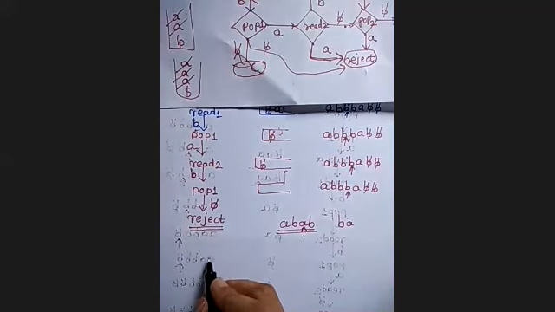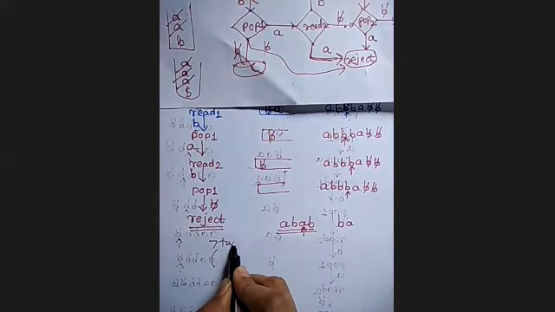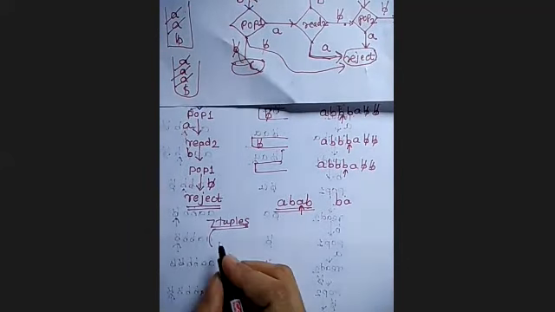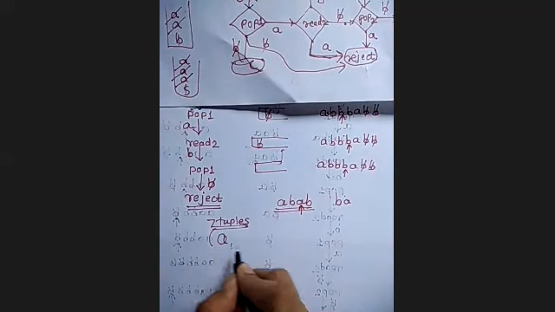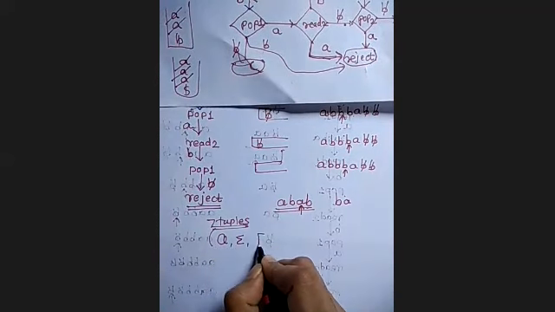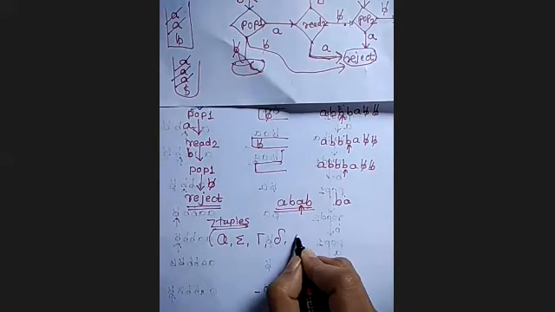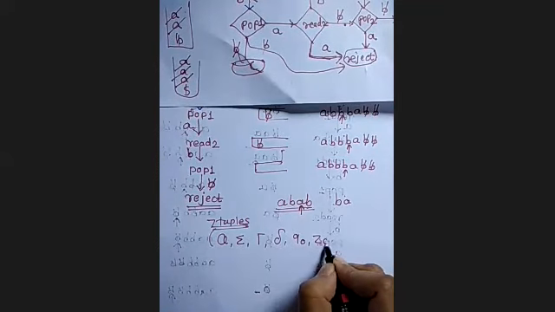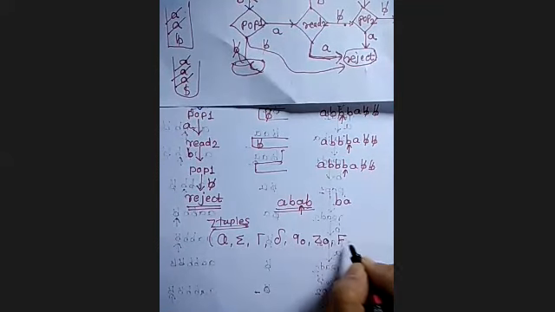If you remember, we have seen there are 7 tuples used to represent the PDA. What are the 7 tuples that we have seen? Again I am repeating this and you are going to tell me the names now. Last time we repeated this so much.